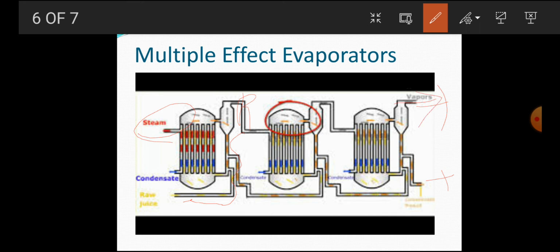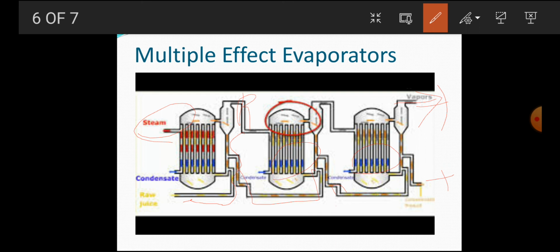As the vapor pressure is lowered, the boiling point of the liquid in the second and third effect will also be lowered. So here the boiling point will also lower. In the second effect, vapor from the first effect at T1 is heating the feed having temperature T2.